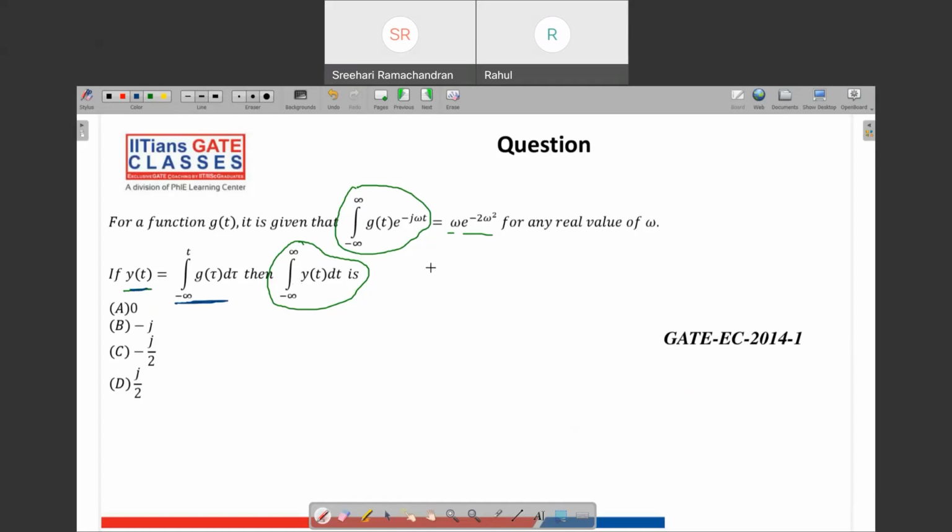Once you do the integration in the time domain, in the Fourier domain, the Fourier transform of y of t, let's say Y of omega, will be equal to X of omega divided by j omega plus pi delta of omega X of 0. In our case this x is actually g, so let me replace this x with g.